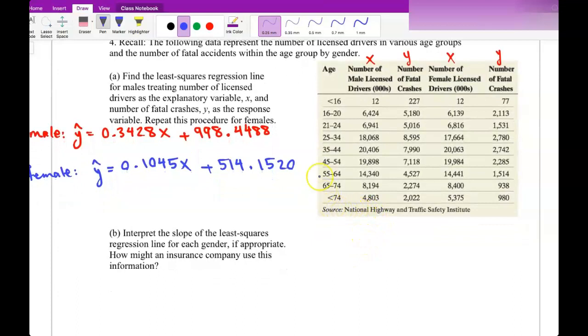And for this one, it didn't ask us, but I'm writing it. So R for that group was 0.883. This was for males. And for females, 0.836.